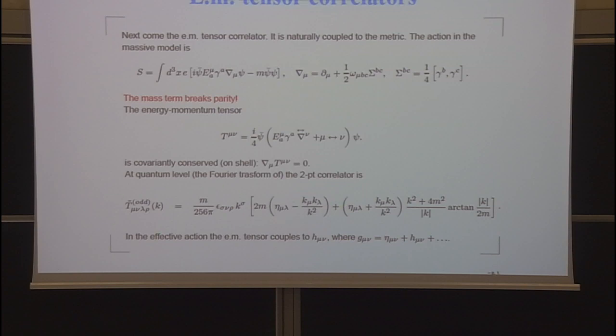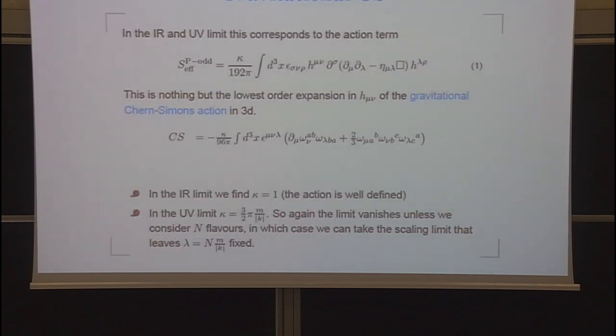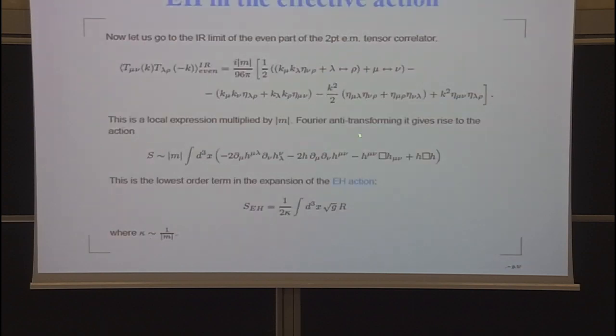When you calculate this in the infrared and ultraviolet limit, you get 2 terms. The parity odd term, which is this, gives rise to the lowest order term of the Chern-Simons theory. And if you go instead to consider the even sector, you find the lowest term of the Einstein-Hilbert action.